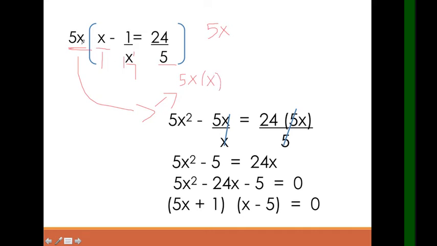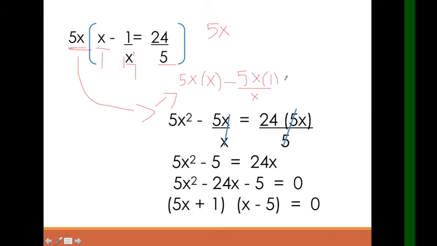Ito yan, 5x at saka x. Minus, pagsasamahin natin ang 5x at 1. So, we have 5x and then 1. And then, meron siyang over, which is x, di ba?